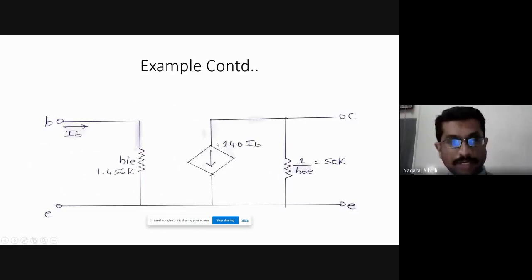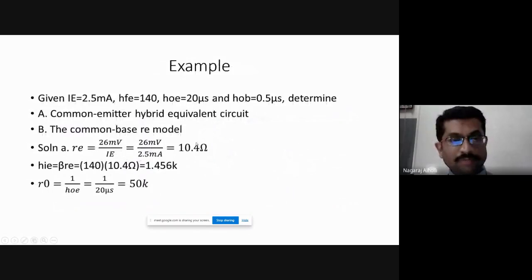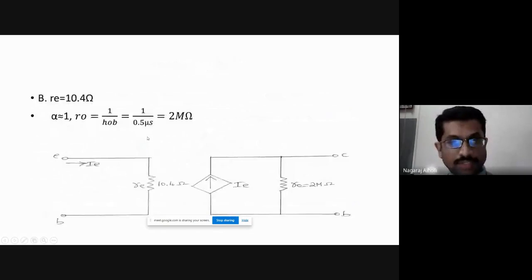What they have asked next, part B, common base RE model. Let's quickly draw the RE model first, common base configuration. This is the RE model of the common base configuration. Here we have only the RE resistance as it is common base, right? RE resistance is there in between emitter and base.